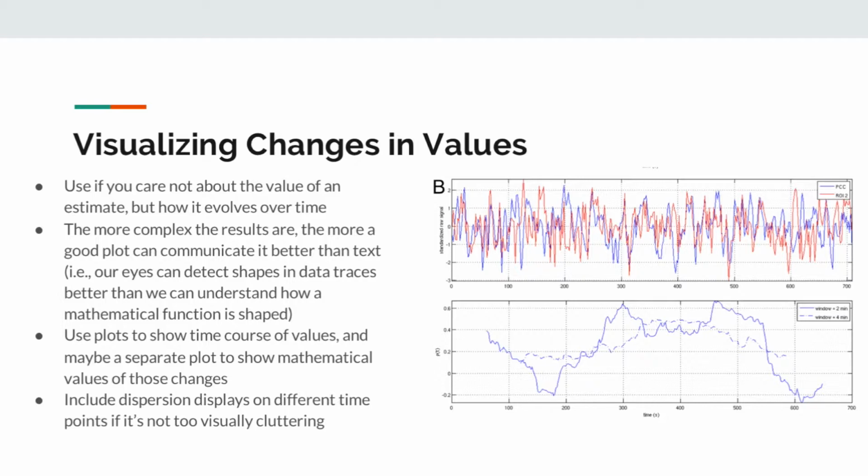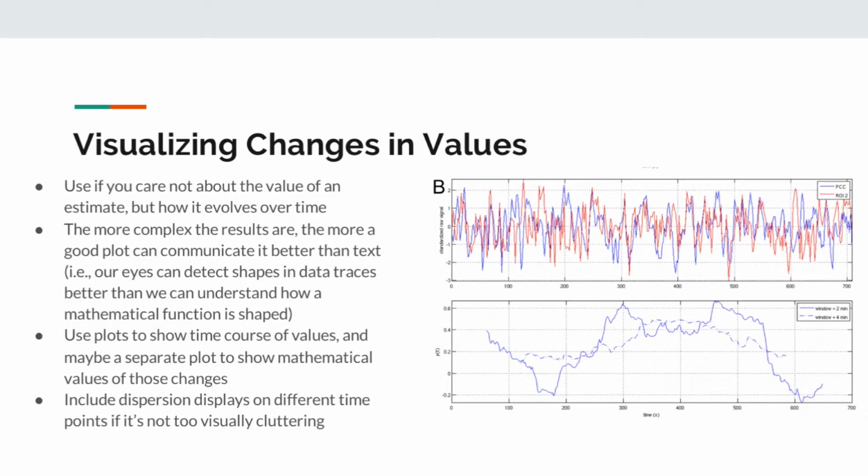And this would include dispersion displays on different time points if it's not too visually cluttering. This visualization that I provided here has a lot going on visually already, so it's not going to provide dispersion points. But if you have something that has, say, fewer time points, or the field's not already so cluttered, you can maybe give confidence intervals around each point.